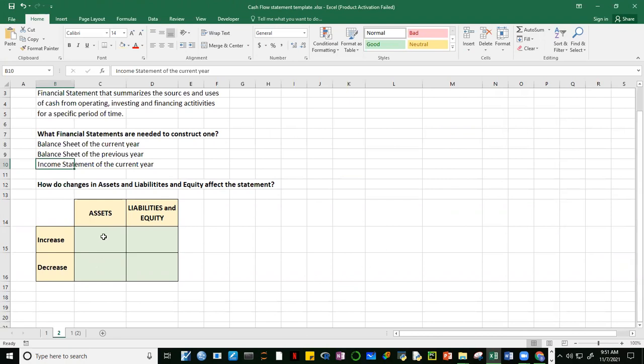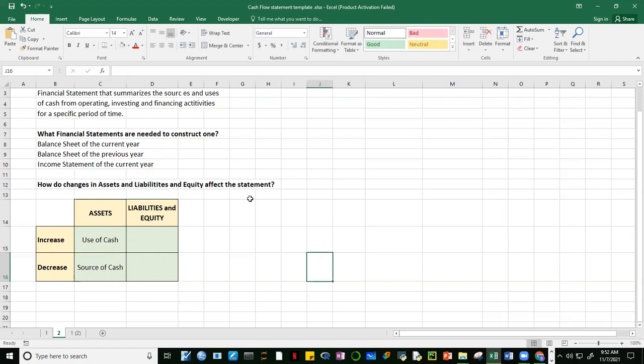To summarize, here is a matrix that shows us what happens to the statement of cash flows when assets increase or decrease. Okay, so when assets increase, it's a use of cash, which means that cash decreases when assets increase. Of course, the reverse is that when assets decrease, then it's generally a source of cash.